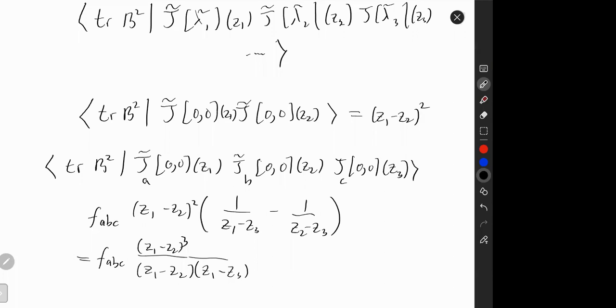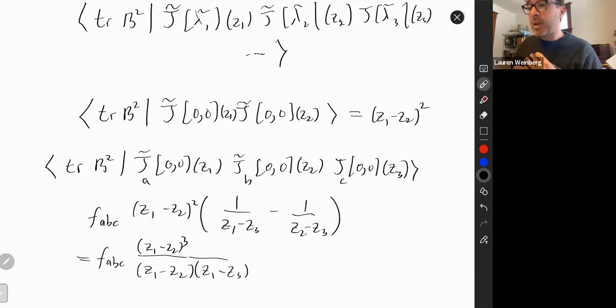No, I was just asking, what role does trace b squared play here? Right, so it defines the conformal block because, a priori, this is a very funny chiral algebra. There are lots of things of negative spin, so there are loads of ways of defining correlation functions. In my terminology, a conformal block is a consistent way of defining correlation functions, and these are in bijection with local operators.